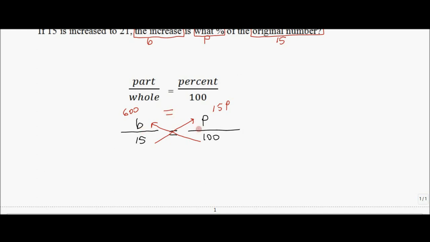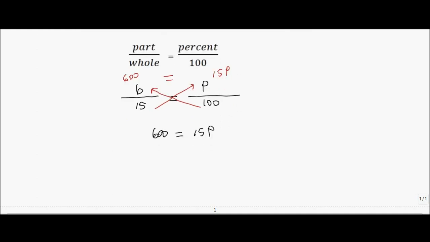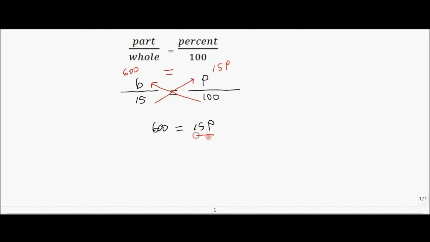If these two fractions are equal to each other, then it must be true that the cross products are equal to each other. And so now we just have to solve this for p. So we got 600 is equal to 15p. So divide both sides by 15. So 40 is equal to p.